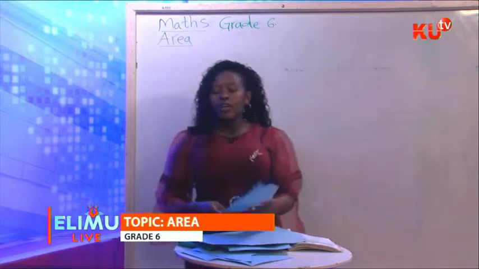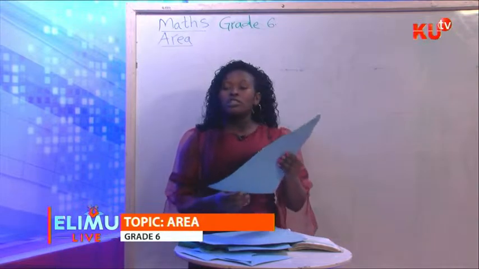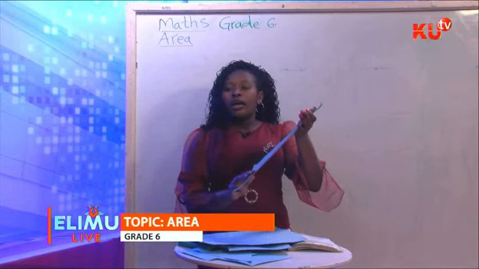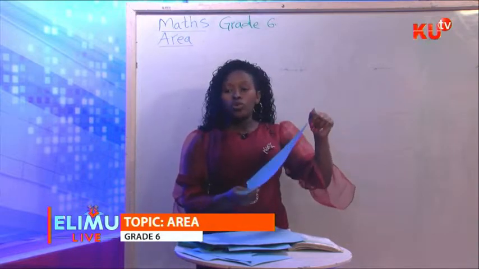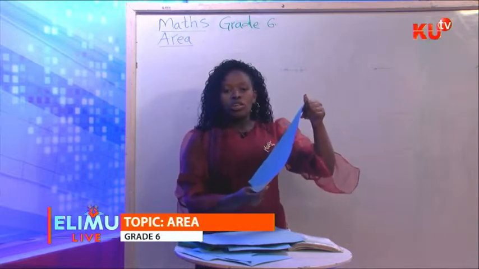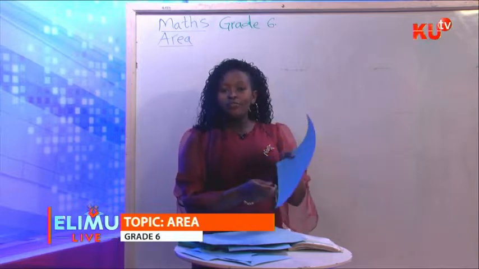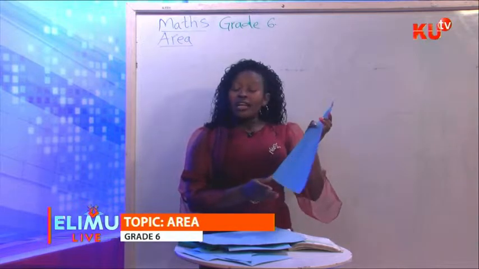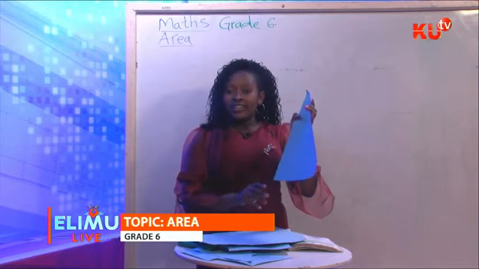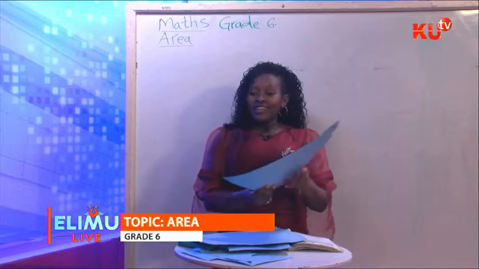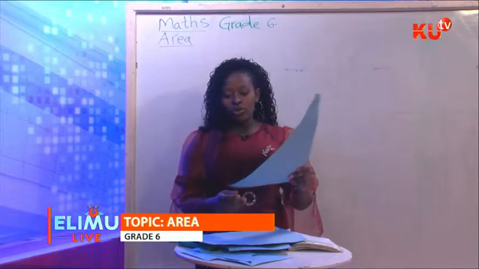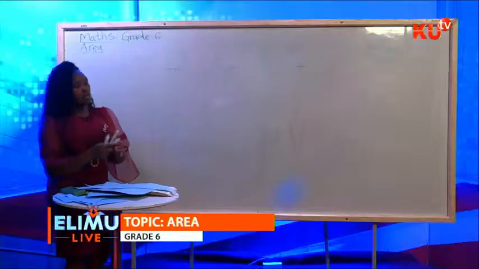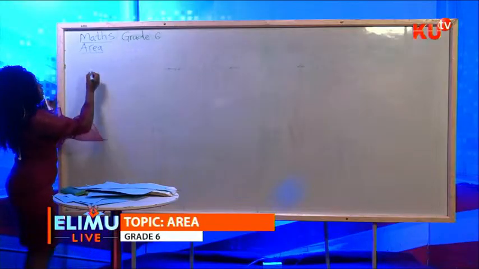So, for us to find the area of a triangle, because we have recognized that a rectangle is made of two equal triangles, it is very easy to get the area of a triangle. You just have to take the area of a rectangle and then you divide it into two. So let us first of all do that and see. I have drawn a rectangle here.